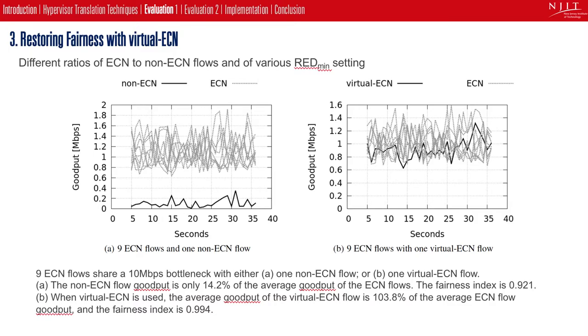The resulting throughput of the flow from the ECN-incapable guest is now similar to that of its ECN-capable peers, with throughput 103.8% of the average throughput of the ECN-capable flows. To summarize, the translation layer uses receive window throttling to cause the guest that does not support ECN to mimic its ECN peers, significantly improving its own throughput and the fairness of the network.